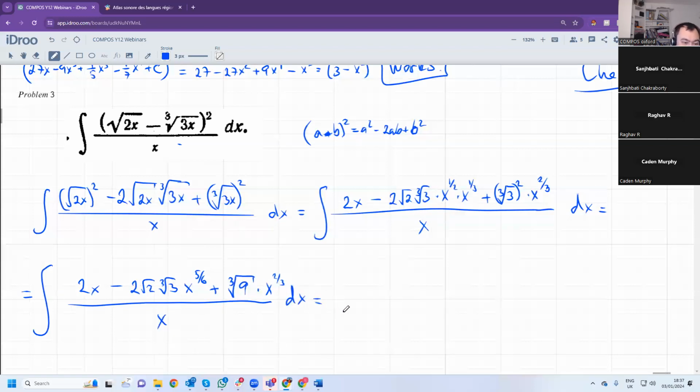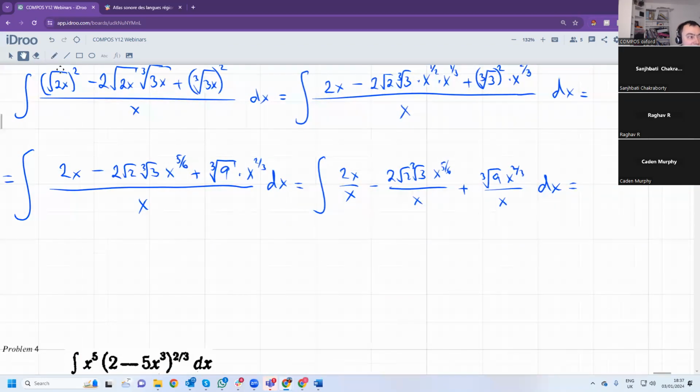dx. So what you do here is you split them into 3 different fractions. It's going to be 2x over x minus 2 root 2 root 3 x to the power 5/6 over x plus cube root of 9 x to the power 2/3 over x dx.